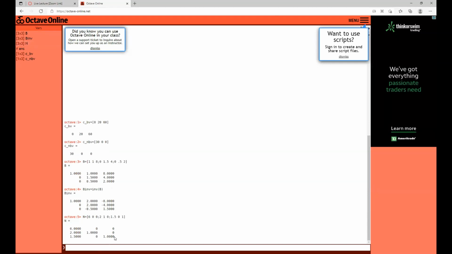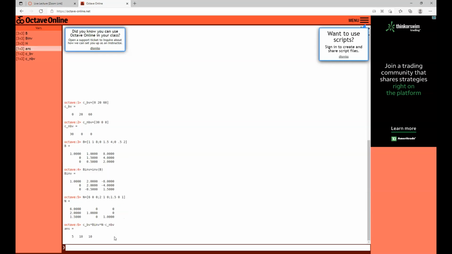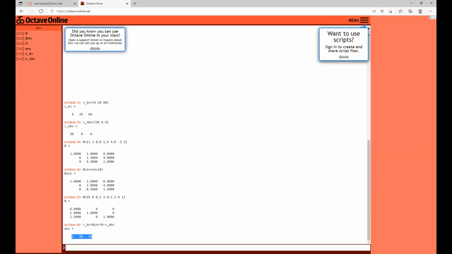Okay, let's apply the equation we just learned, which is CBV times B inverse times N minus CNBV. We end up with 5, 10, 10. And this is exactly what we expect to get.